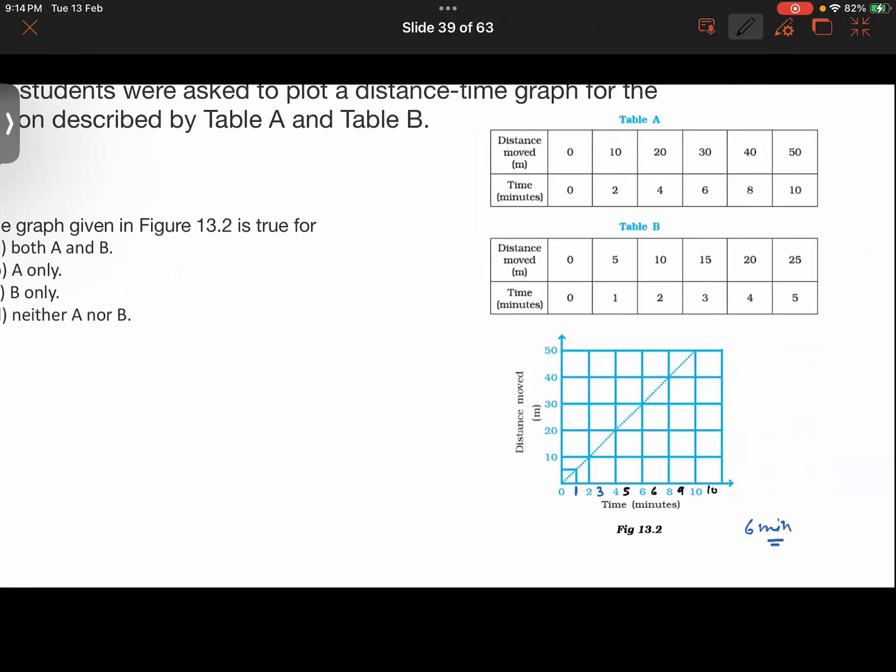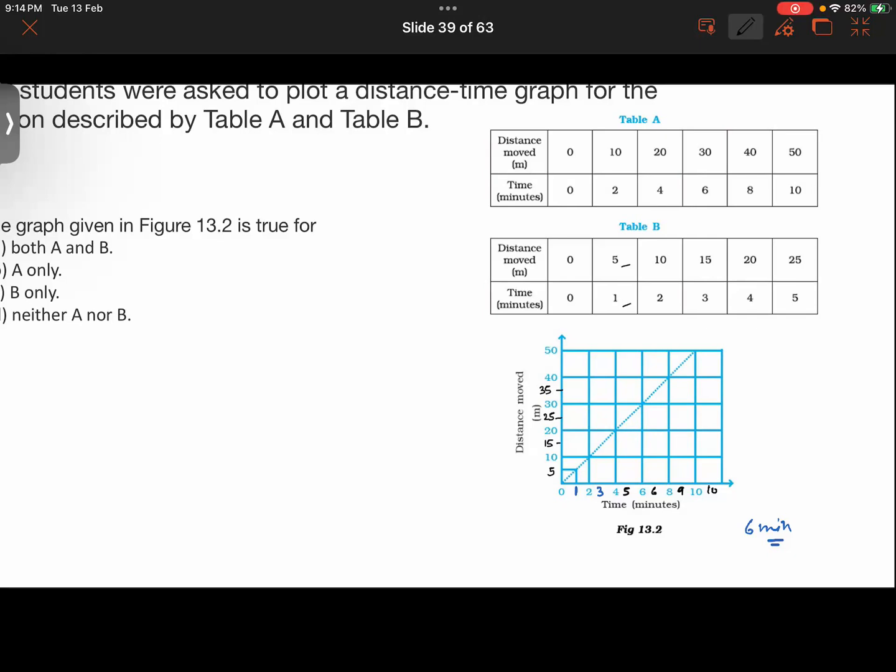All right, now let's look at the data given in table number B. In 1 minute, it has traveled a distance of 5. On the y-axis, between 0 and 10, it is 5. Here it will be 15. Here it will be 25. If we add more smaller boxes in the bigger boxes, then we can exactly mark it out.